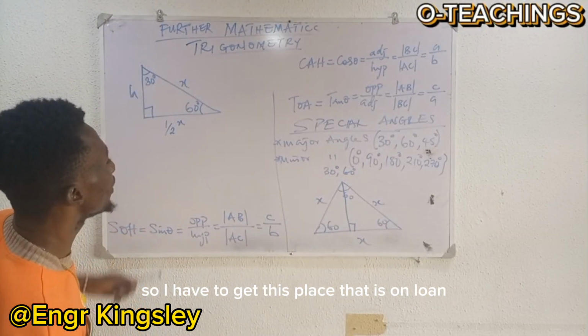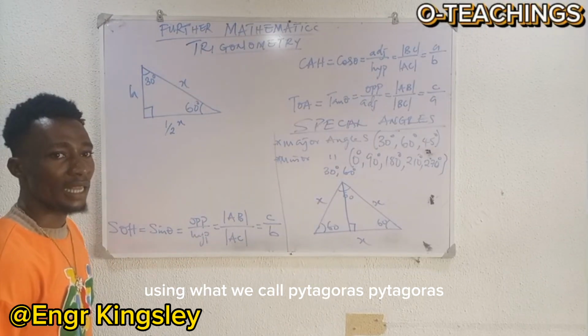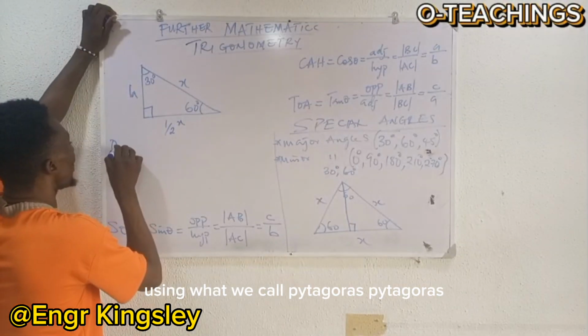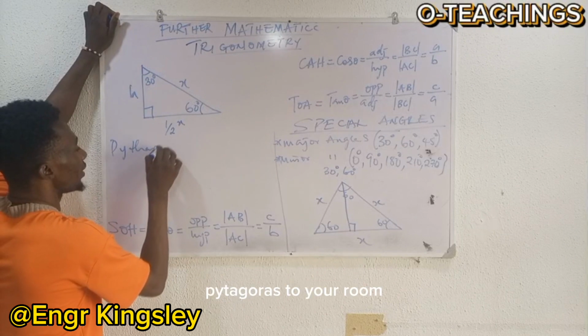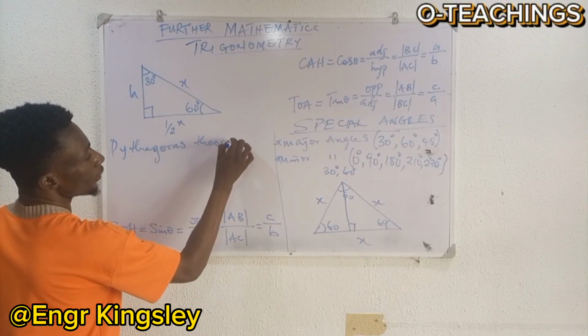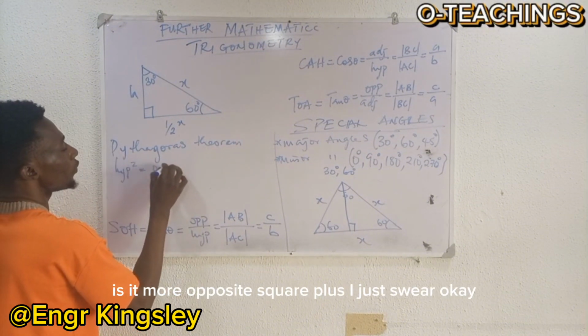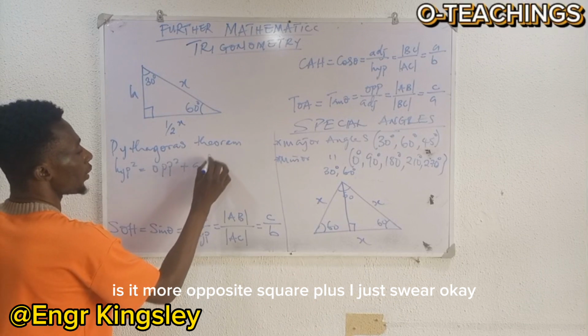So I have to get this unknown side using what we call Pythagoras theorem. Pythagoras theorem says that hypotenuse squared is equal to opposite squared plus adjacent squared.